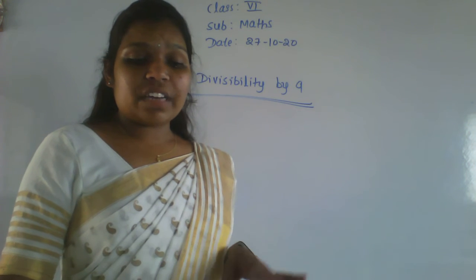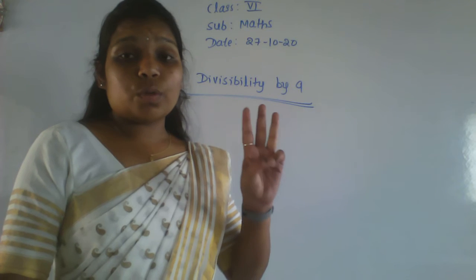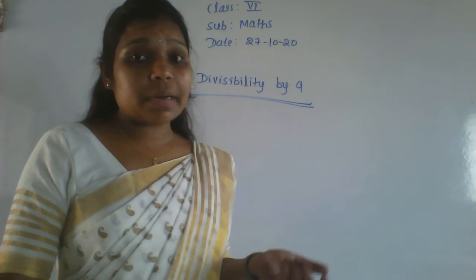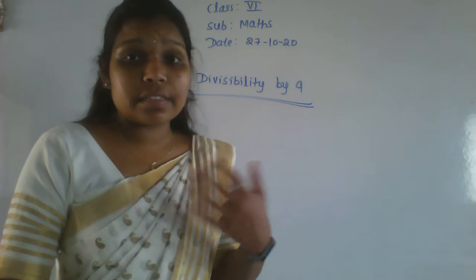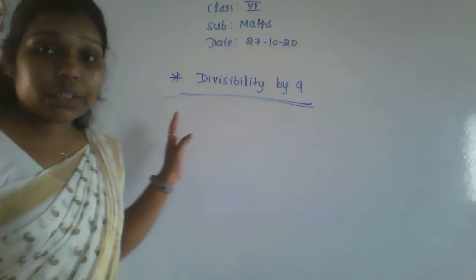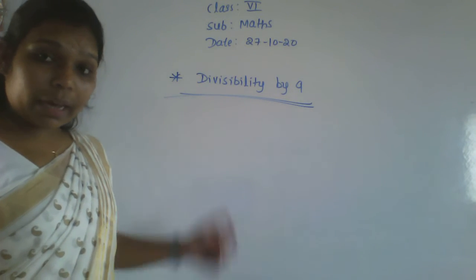It is the same as for 3, right? For 3 also we take the sum of the digits, and if it is divisible by 3, then we can say the given number is divisible by 3. And here also, if the sum of the digits is divisible by 9, then we can say that the given number is divisible by 9.